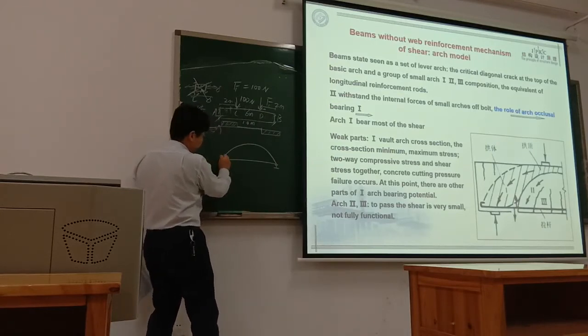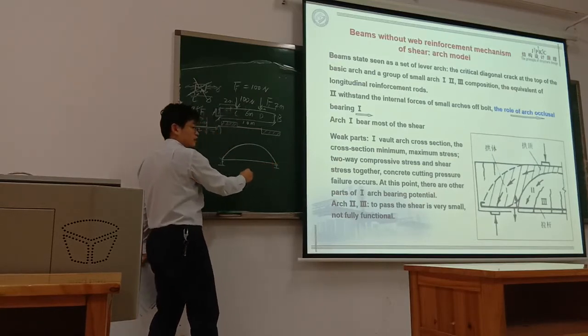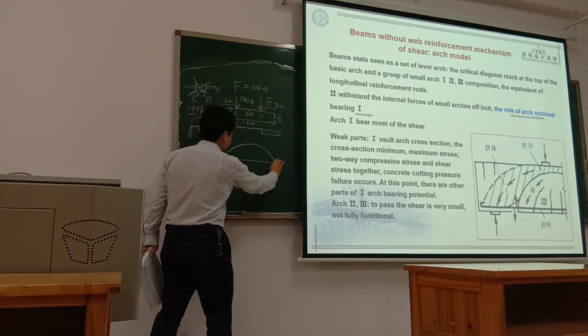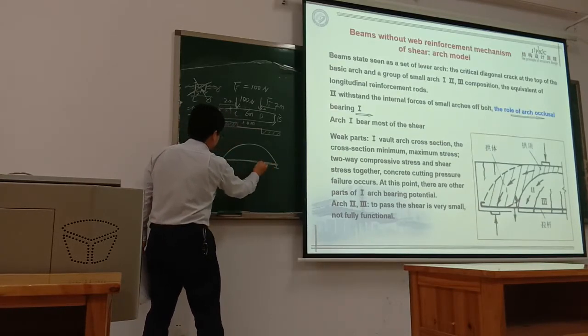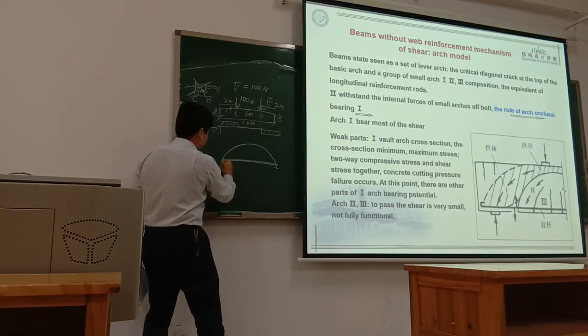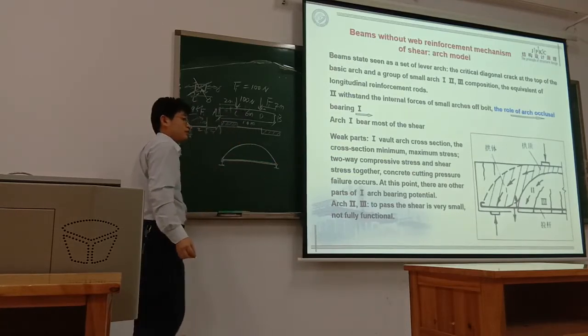Normally for the rim of the arch the supporting point is in this oblique direction. But if you use the tied arch, you can use this vertical supporting system.